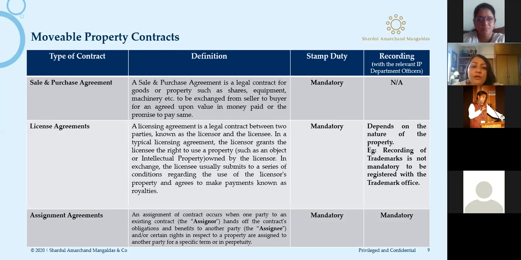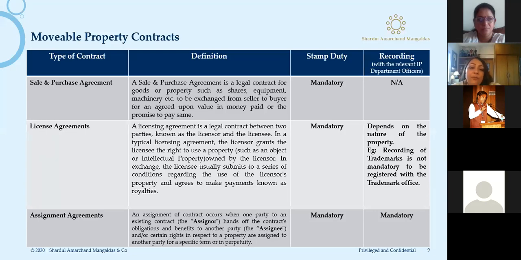But when you go to contracts, you will have to get into the details to look at whether it's connected with intellectual property, whether it's connected with services, whether it's a money contract. All of those nuances you need to know. So you need to understand how to look at the Stamp Act. Similarly, also when you are looking at recording it: if you have contracts connected specifically with IPR rights, you may want to record them.